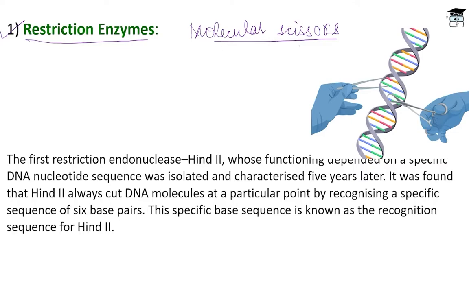Why? Because they cut both the foreign and vector DNA into fragments to form the recombinant DNA. What did they do?